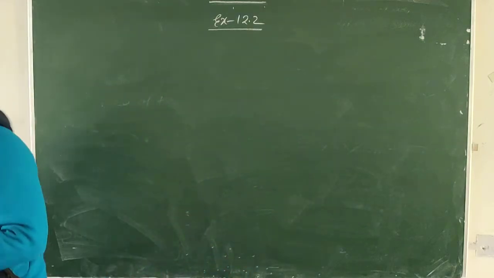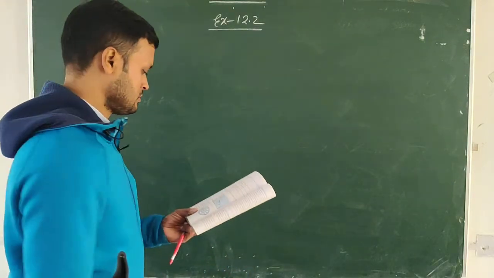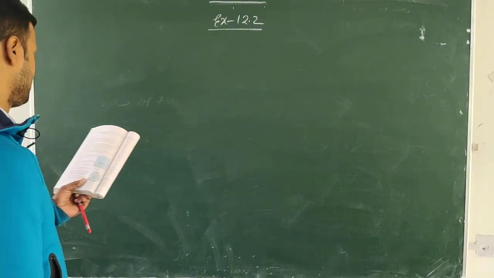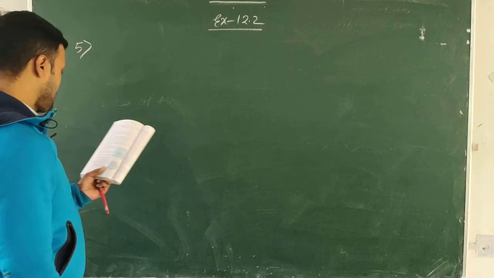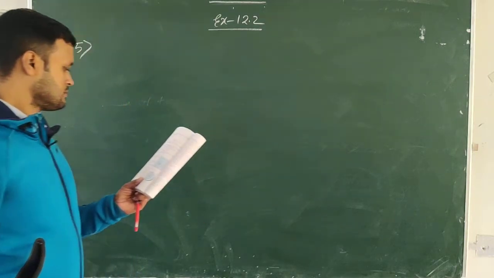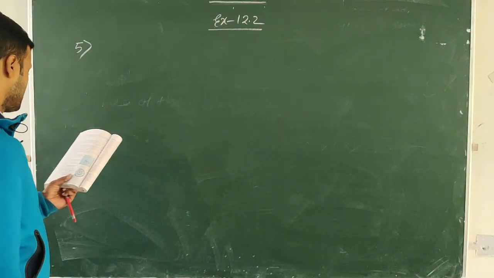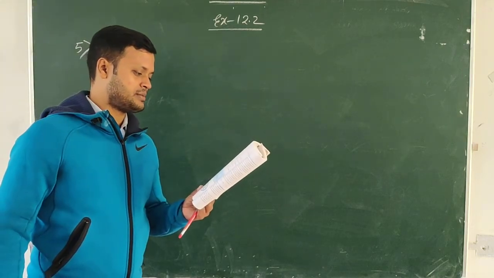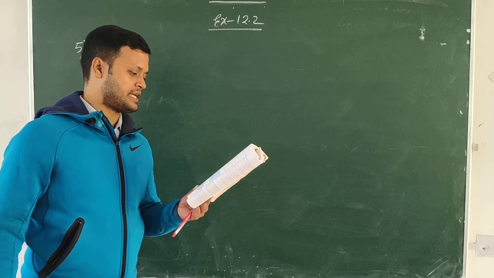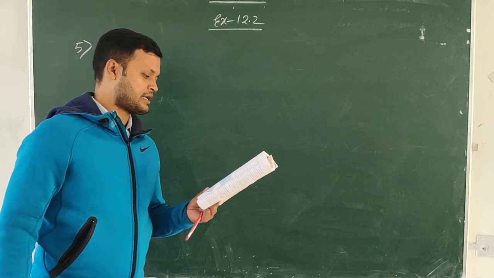Next. In a circle of radius 21 cm, an arc subtends an angle of 60 degree at the center. Find the length of the arc.